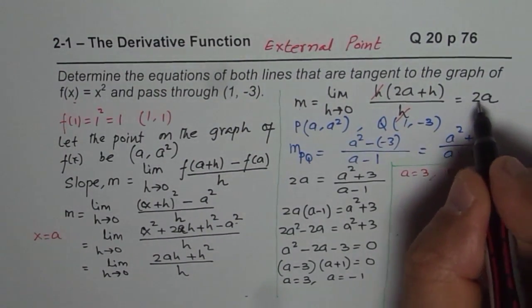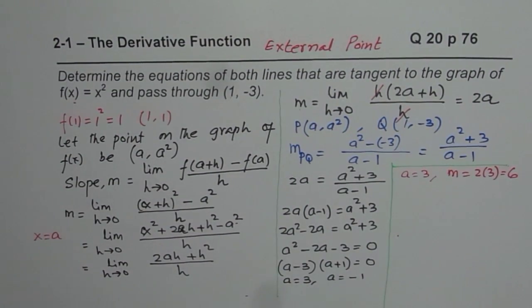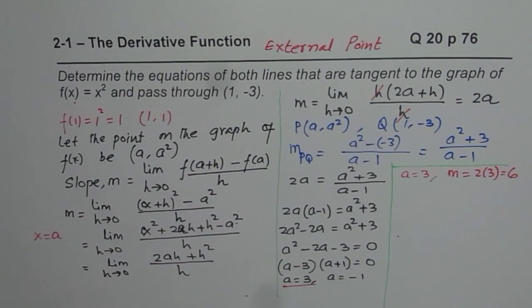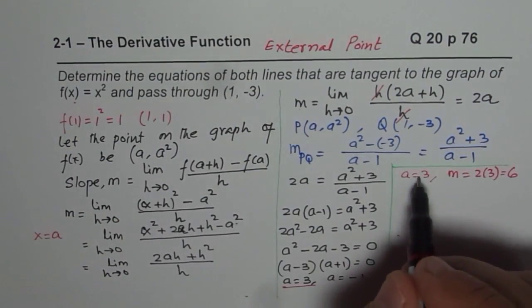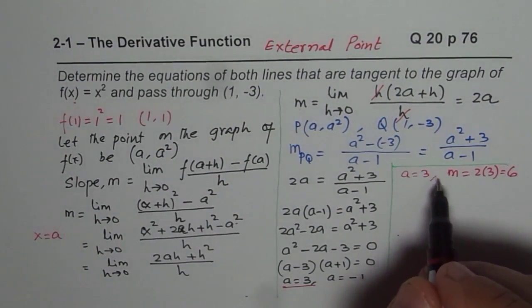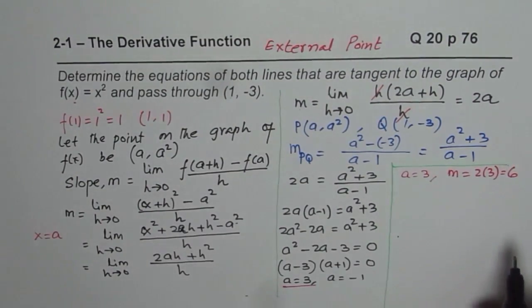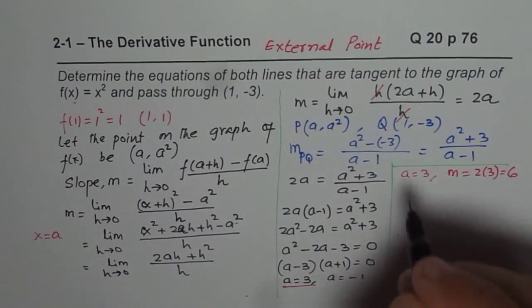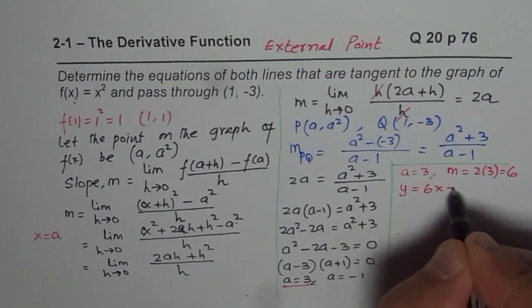Slope m will be 2 times a, which is 2 times 3, which is 6. So let us first find what happens with a equals 3. We need to find the equation. We know the slope, and we also know that this line is passing through the point (1, -3). So we have y = mx + b, which is y = 6x + b.